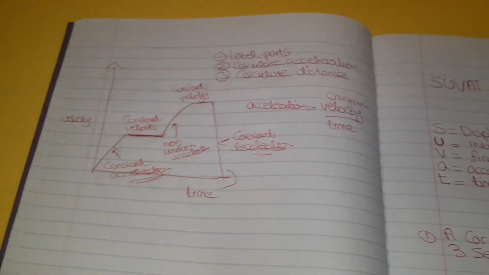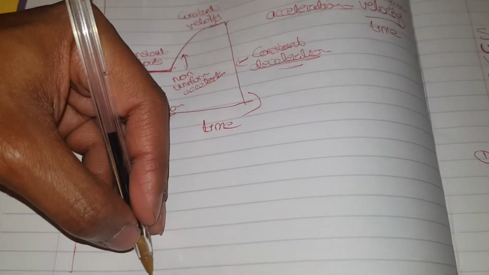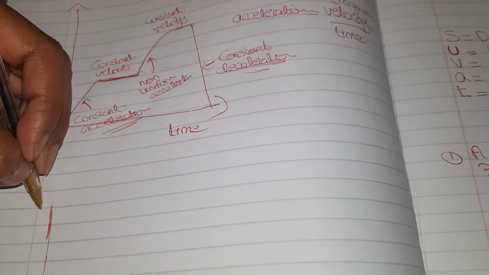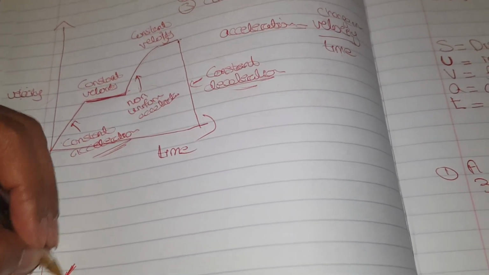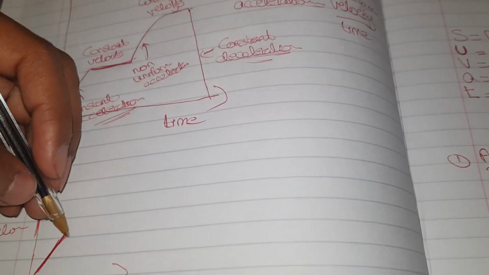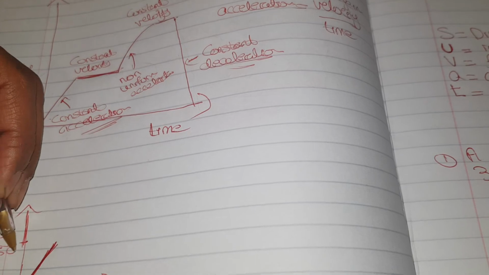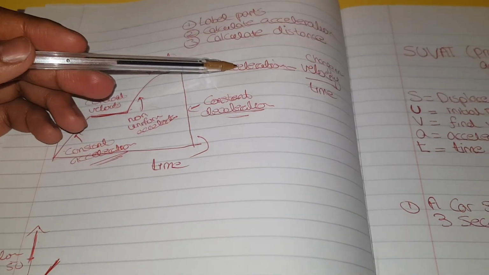So there we go. If they give you questions, let me do one quick one. For a straight line like this, it's a velocity time graph again. They might tell you the velocity there is 50, and the time at that point is about 8. So acceleration is change in velocity.